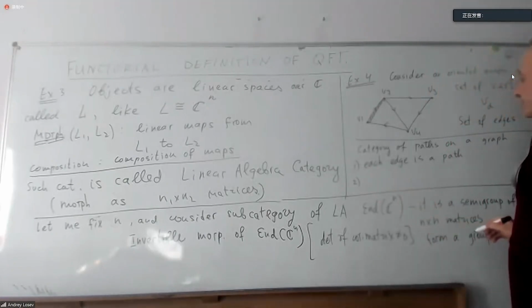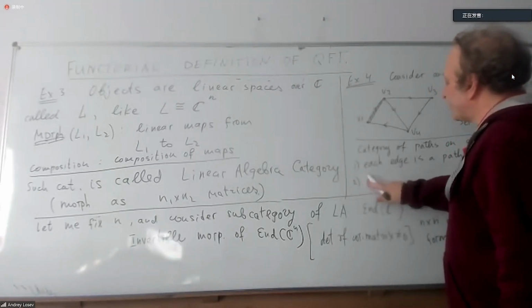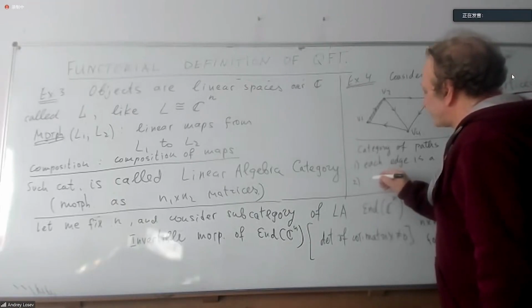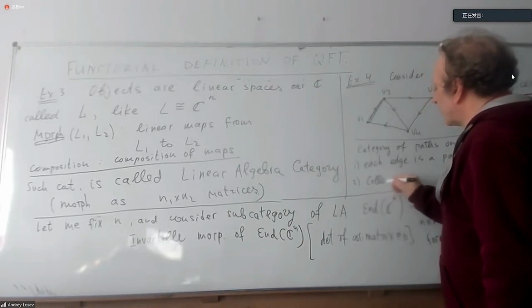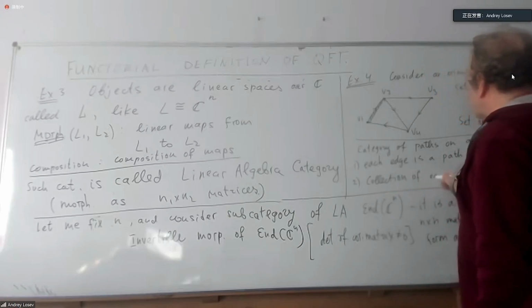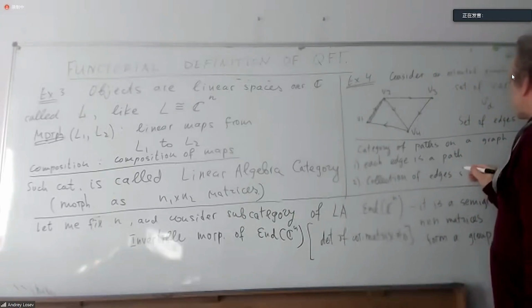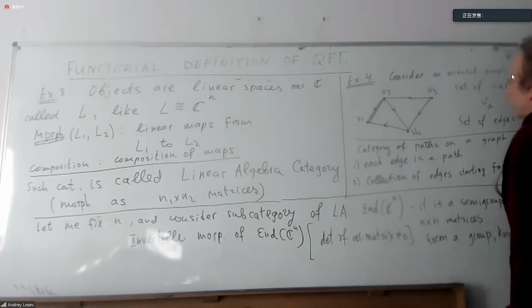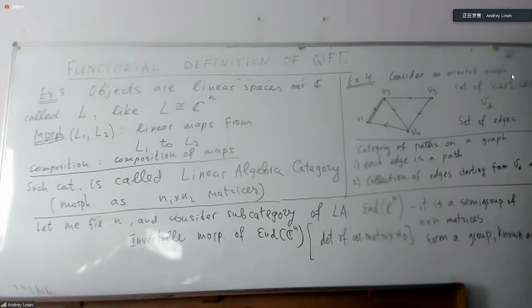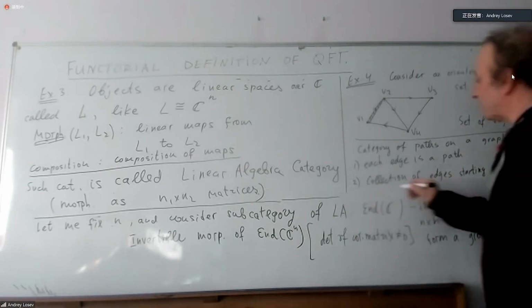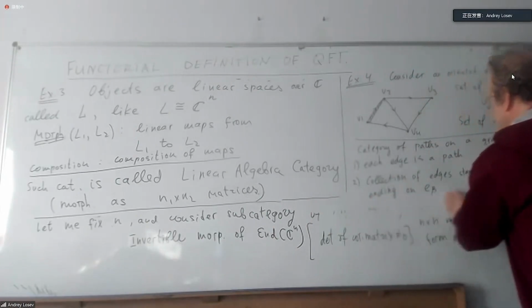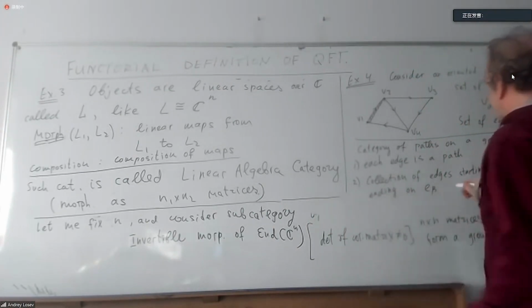Second, a collection of edges starting from V_alpha and ending on V_beta is also a path.